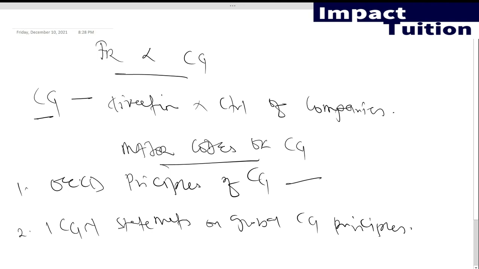We shift our attention to the second major code of corporate governance, the ICGN statement on global corporate governance principles. The ICGN is the International Corporate Governance Network, and they have published some principles which aim to improve corporate governance practices around the world in all countries where institutional investors seek to invest.